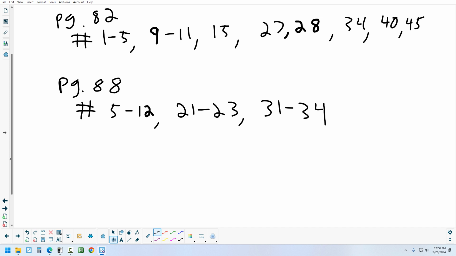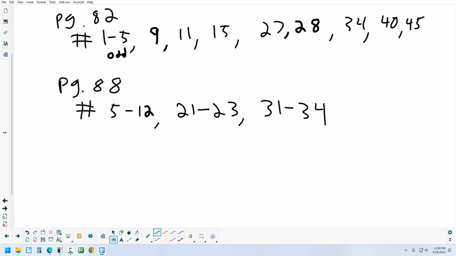Let me just double check. 1 through 5, that's just going to be odd, so just 1, 3, and 5. 9. Yeah, let's just cut out number 10. So 9, 11. Okay. 7.